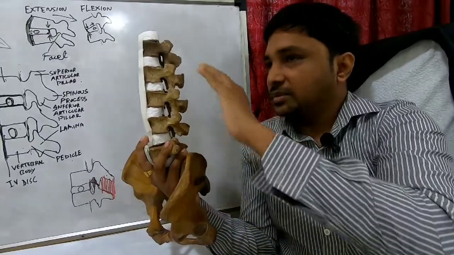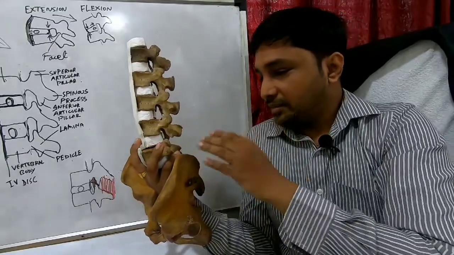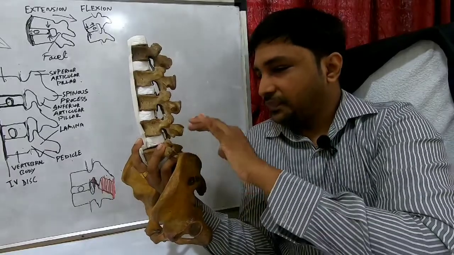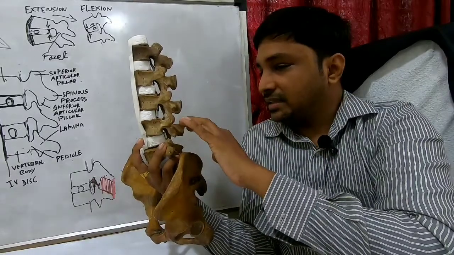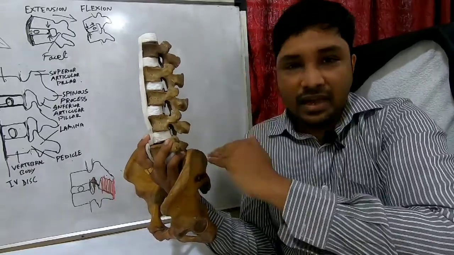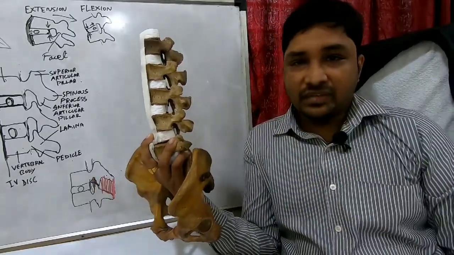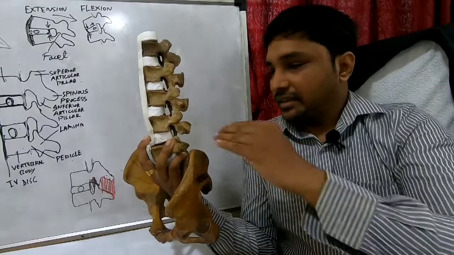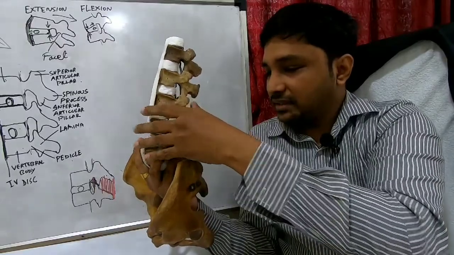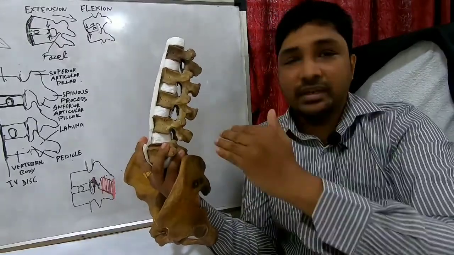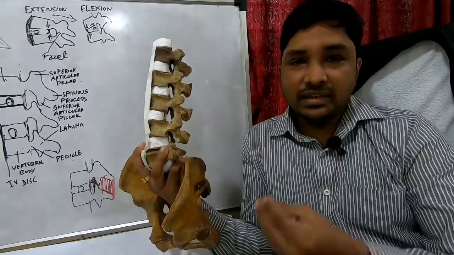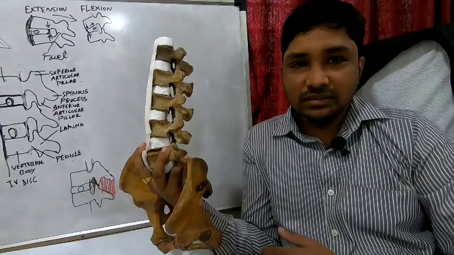Suppose of 50 degrees of flexion, maybe 13 degrees happens at L5-S1, maybe 11 degrees at L4-L5, and then a little less, a little less, added together to become 50 degrees. It is the same with extension: maximum extension happens at the lowermost segment and reduces as you go up. But overall you can remember flexion is 50 and extension is 15 or sometimes 20.